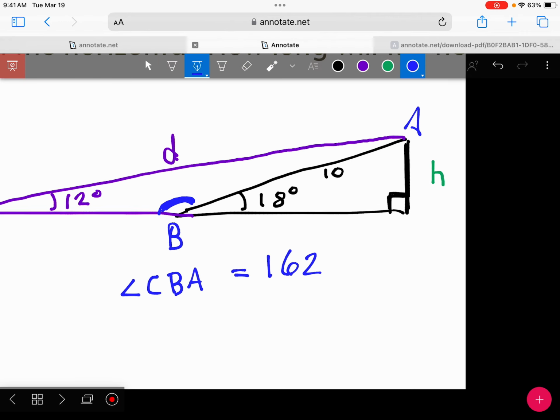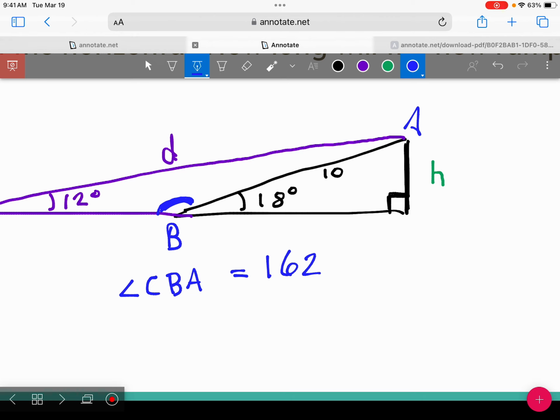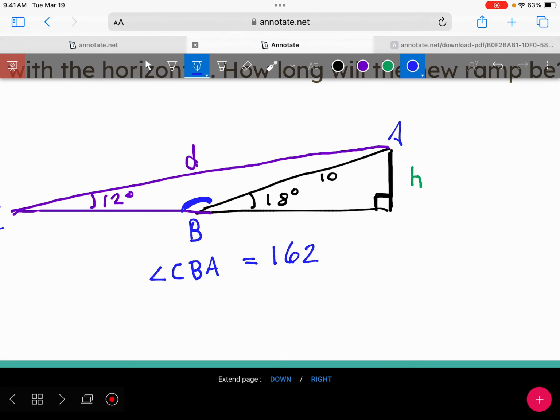So what can we do to set this up and figure out that distance? Do we know angle A? Do we know side A?